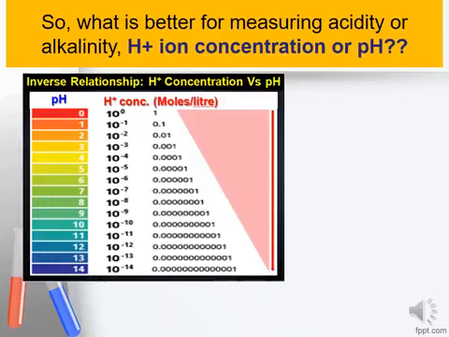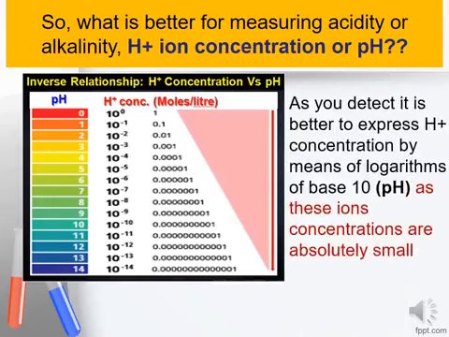So what will be the logarithmic relation? Negative log of 10 to the power negative 1 is 1, and negative log of 10 to the power negative 2 is 2. So the numbers have no decimals, they are whole numbers. These whole numbers are easier and better for measuring acidity and alkalinity.